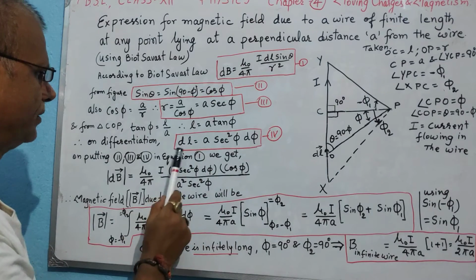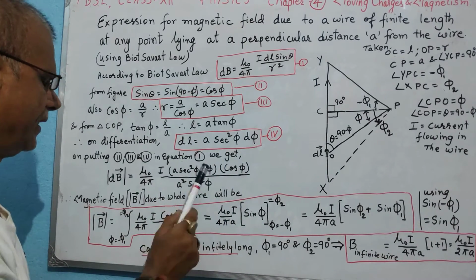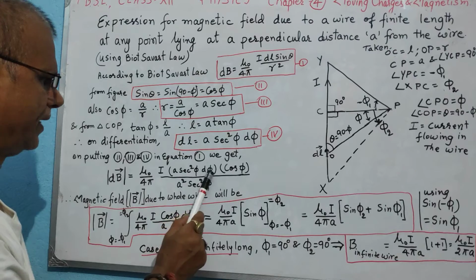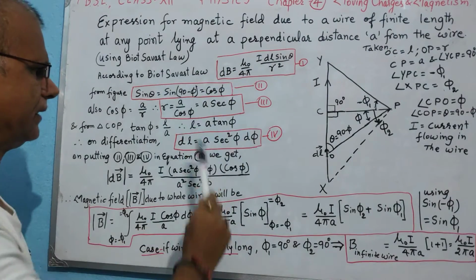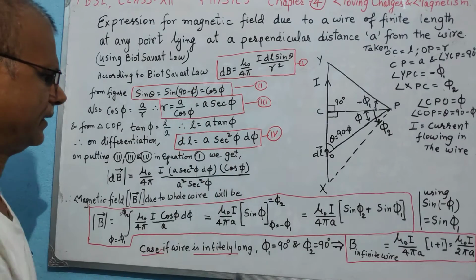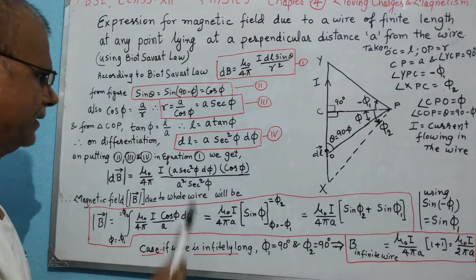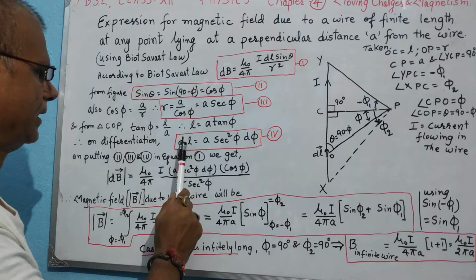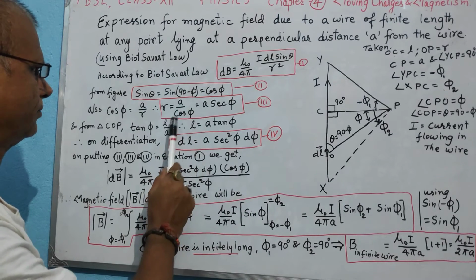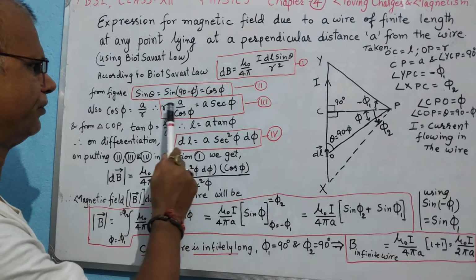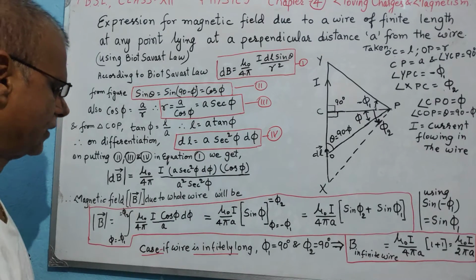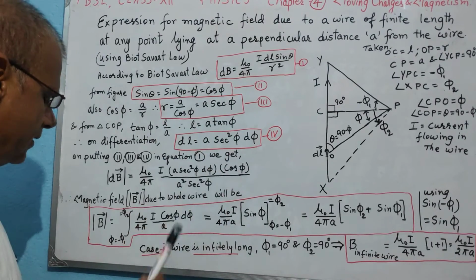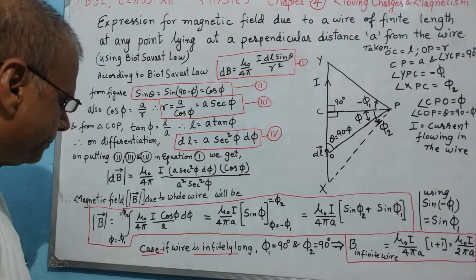For dL we substitute A sec square phi d phi, and for sin theta we have cos phi. So we write cos phi here, and R is A sec phi, therefore R square will be A square sec square phi, and then on solving this we get the equation.